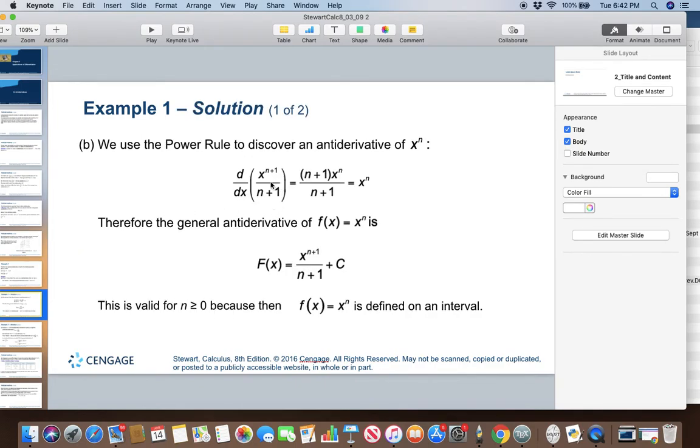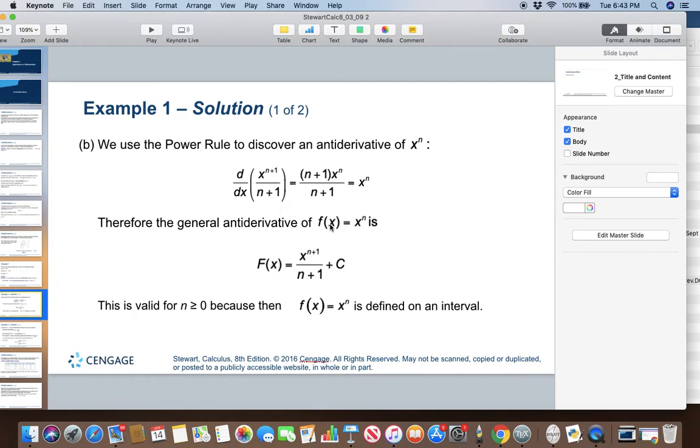Now consider x to the power n plus 1 over n plus 1, n being any number, so think 10 if you like, right? When I take the derivative of this expression, n plus 1 is simply a number, so that stays put. The exponent comes down and gets reduced by 1. Now this n plus 1 cancels the denominator, and that gives me x to the power n. Aha, that's very good.